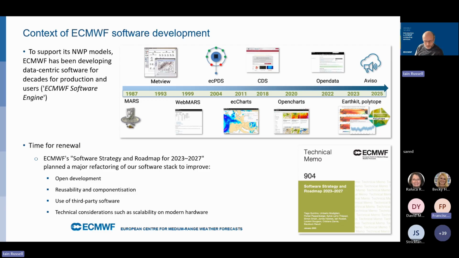And a couple of years ago, we decided it was time for a refresh in a way. We set a new roadmap and strategy for how we're going to develop software in the future.